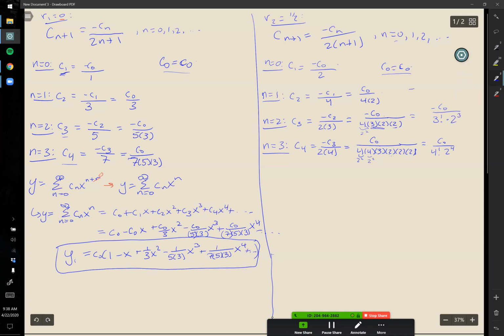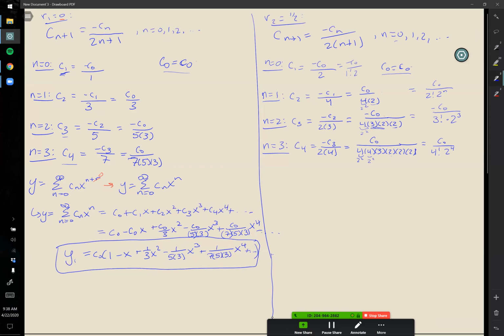That's neat. So this is going to be C0 over 2 factorial, and do I have two 2s? Yes, 2 to the n. And same deal, this is negative C0 over 1 factorial times 2 to the 1. Well, that's cool. So this one did have a nice formula.